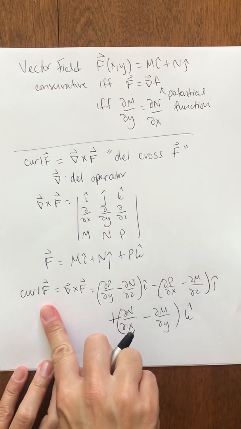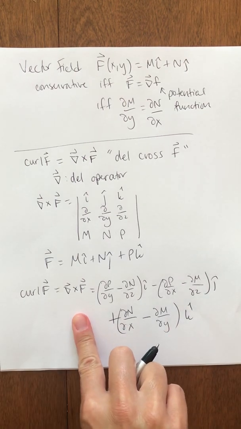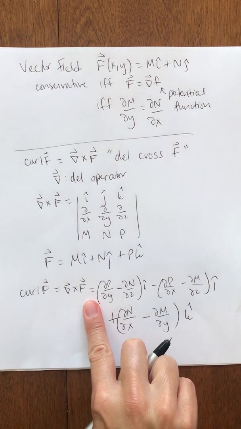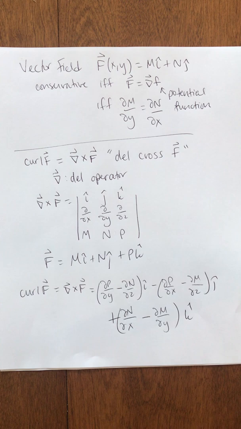So curl f is itself a function. It's the result of crossing what we're going to now call the del operator with the vector field. And again, curl f is itself a vector, so it's obviously going to wear a hat.